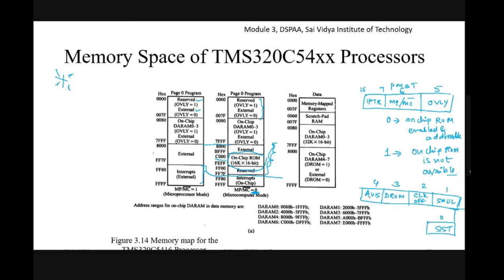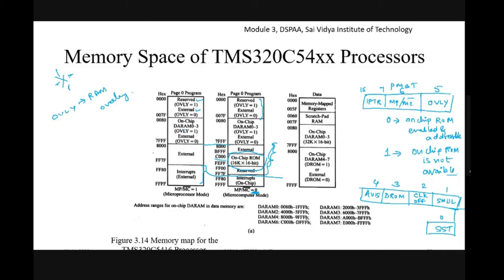See, in this, what is important for me is the OVLY bit. So what is the OVLY bit? OVLY bit is the RAM overlay bit. In this RAM overlay bit, it enables on-chip dual access data RAM blocks.